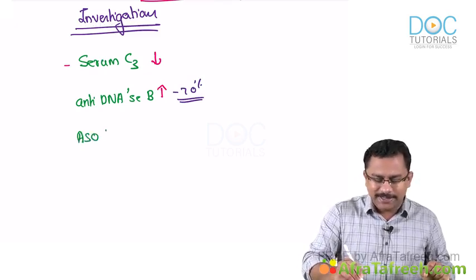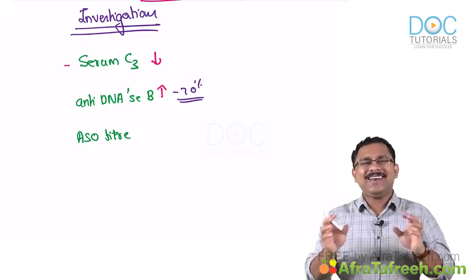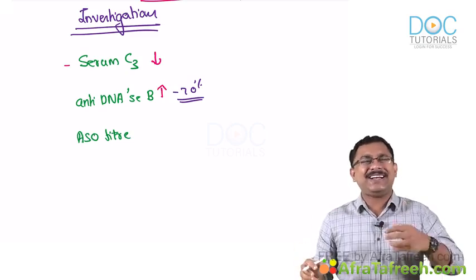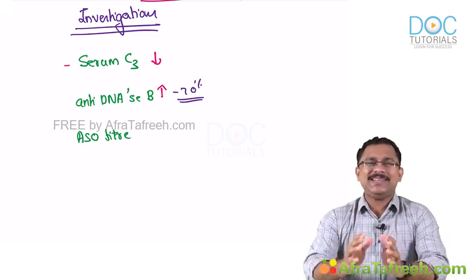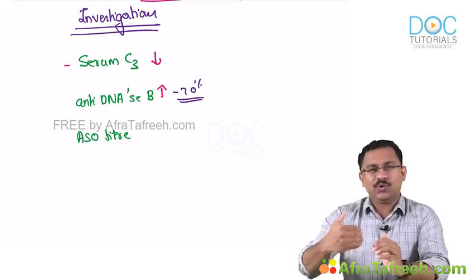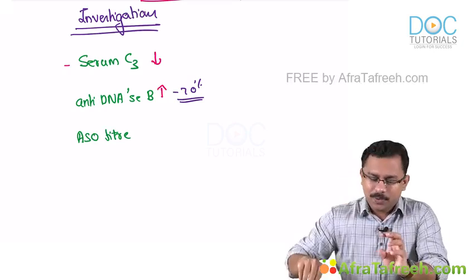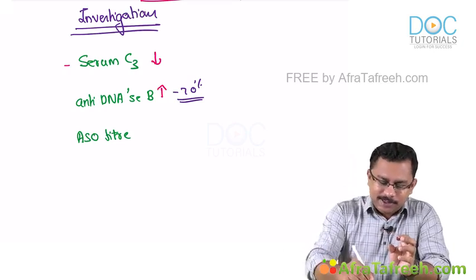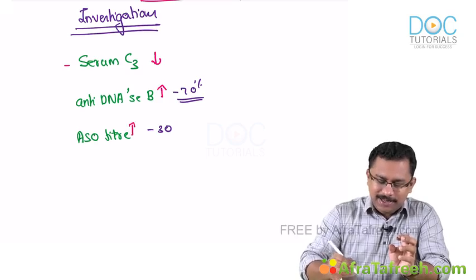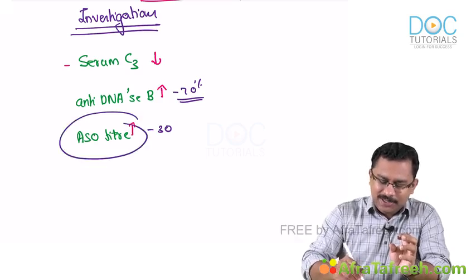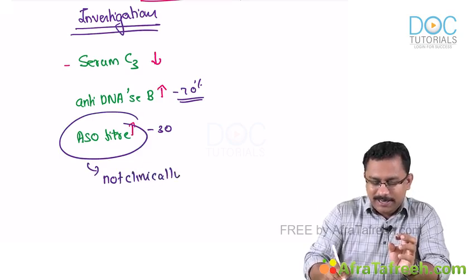The ASO titer is also likely to be elevated, but it is again not very specific and not clinically much useful. So it is not something that is diagnosed per se by ASO titer. It is only in about 30% of cases that you might have a rise in your ASO titer, but again, this is not clinically relevant.